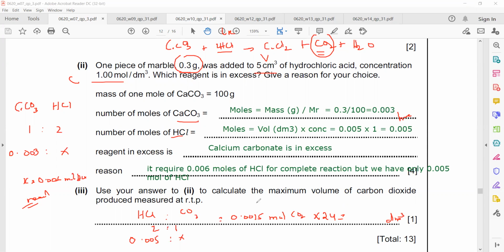Because it is a gas, to find the volume we multiply the moles by 24. So 0.06 decimeter cube of carbon dioxide gas is produced from this reaction, in which HCl is the limiting reagent.